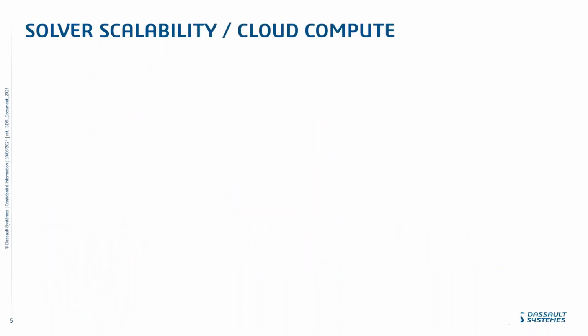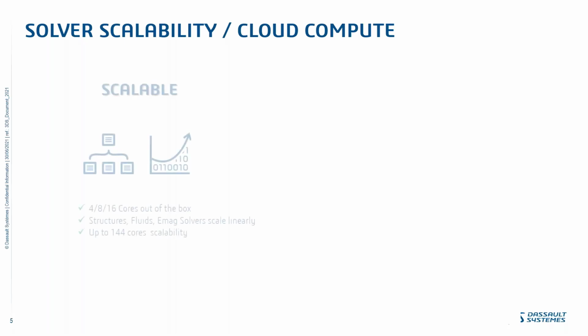On the scalability side, that's one of the big value add-ons of Fluid Dynamics Engineer, because it's on the 3DEXPERIENCE platform. You get access to solver scalability, being able to scale your simulations using multiple cores. Depending upon the package, Fluid Dynamics Engineer out of the box allows you to use 16 cores.